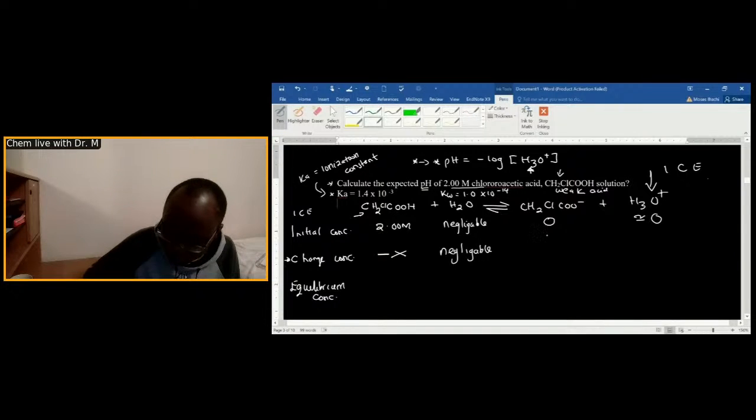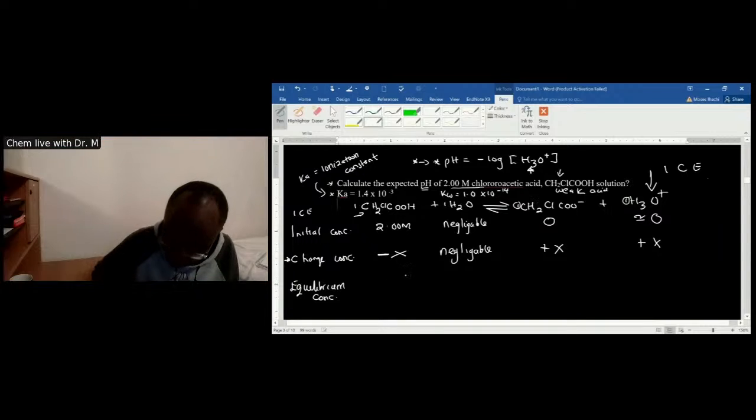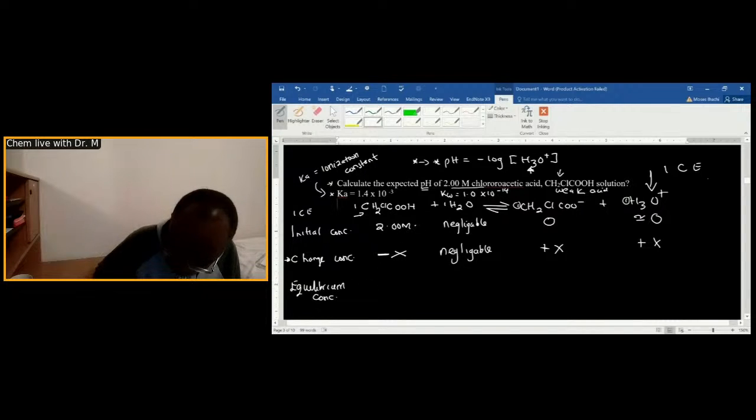And then because the reacting ratio is 1 to 1 to 1 to 1, if this is reducing by X, this will increase by X because it's a product. It should be forming with time. And this will increase by X because it's a product, again because the reacting ratio is 1 to 1 to 1. To find the equilibrium concentration, we simply add this up.